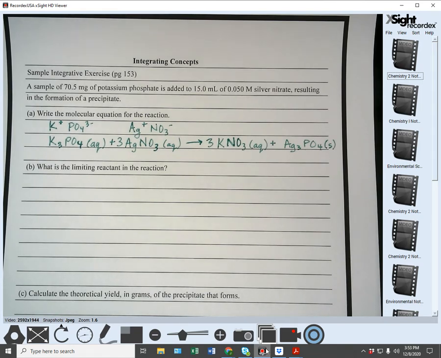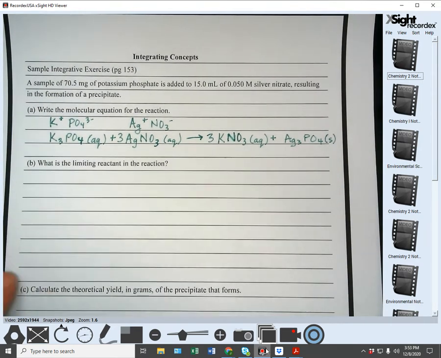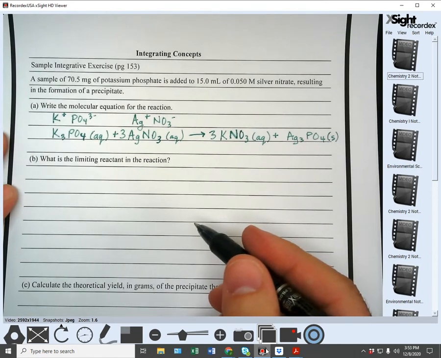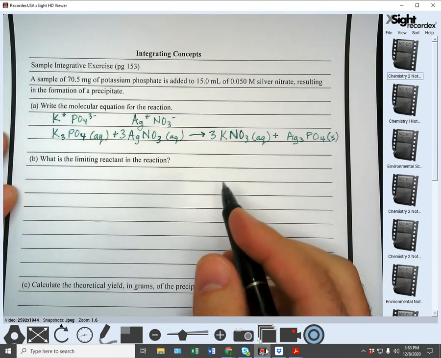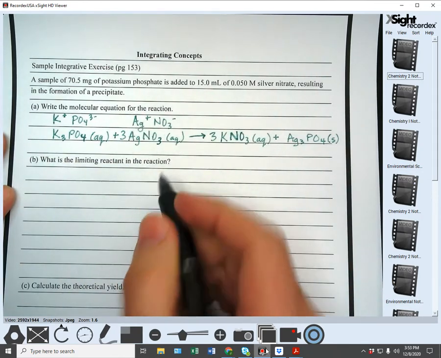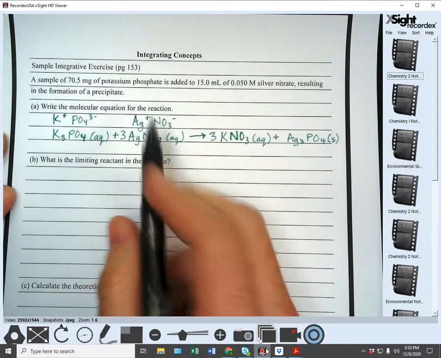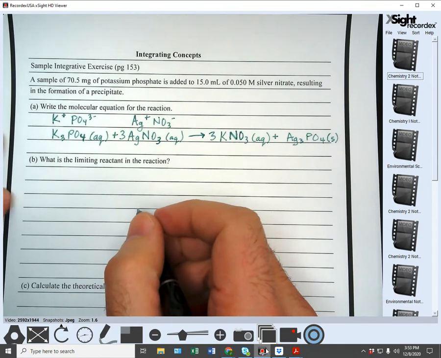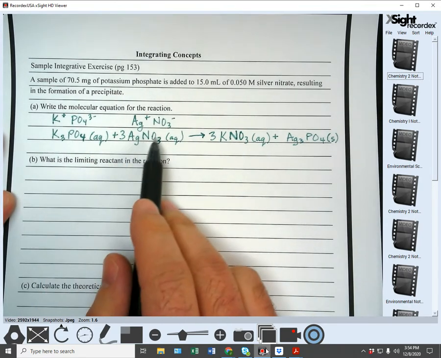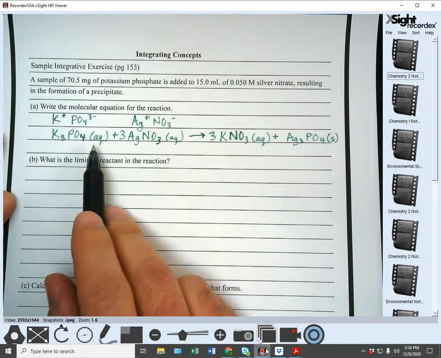So to do a limiting reactant, if you recall, what we really need is the balanced equation, which we have, and we need the moles of each reactant. We need to know how many moles of each we start with.